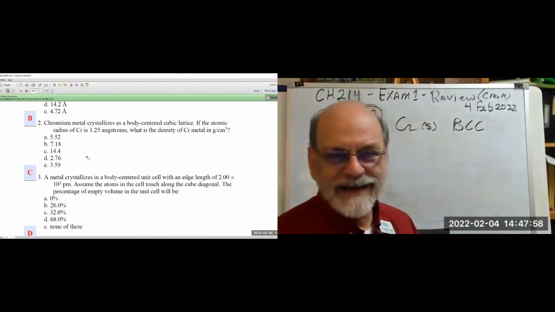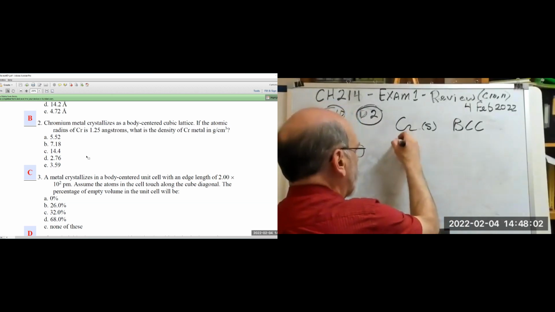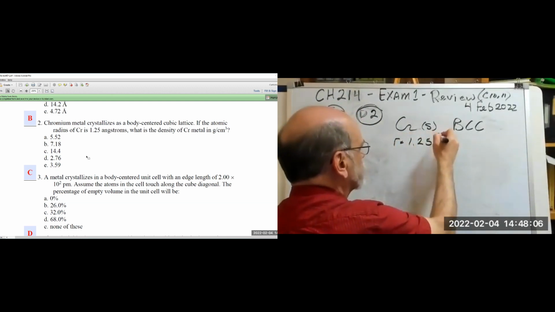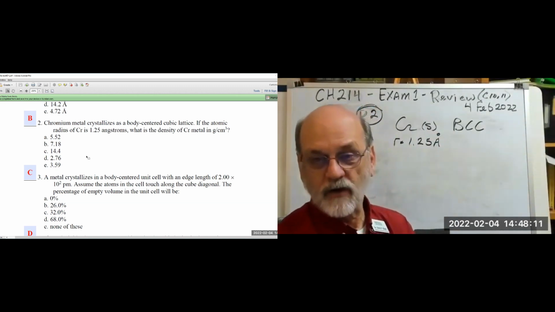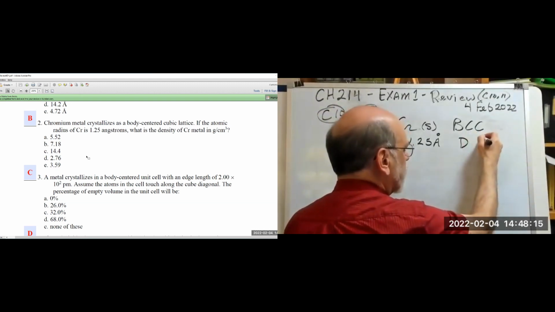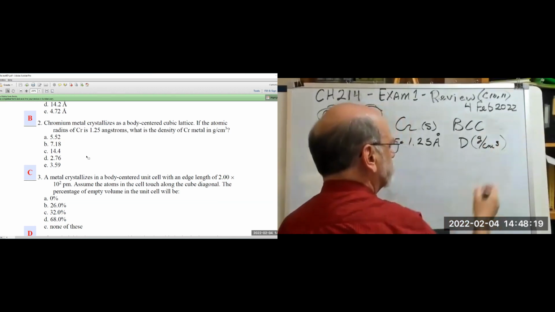If the atomic radius of chromium is 1.25 angstroms, so R equals 1.25 angstroms, what's the density of chromium in grams per cubic centimeter? So we're looking for density in grams per cubic centimeter.